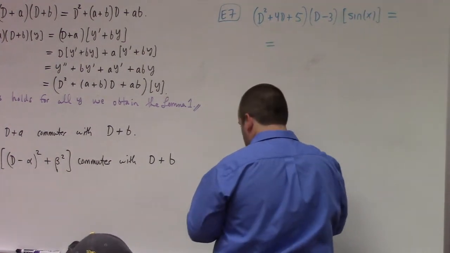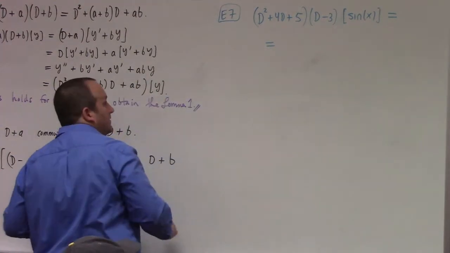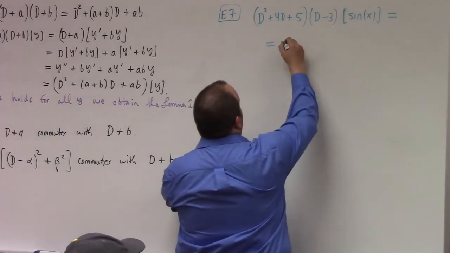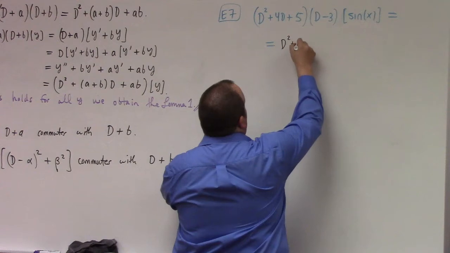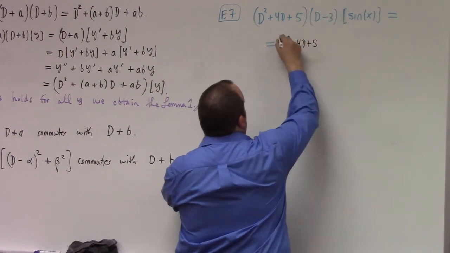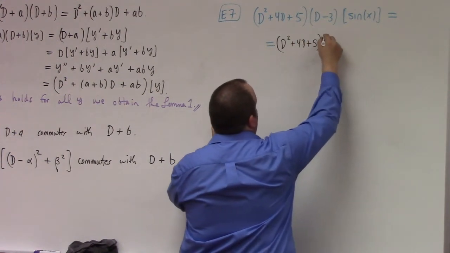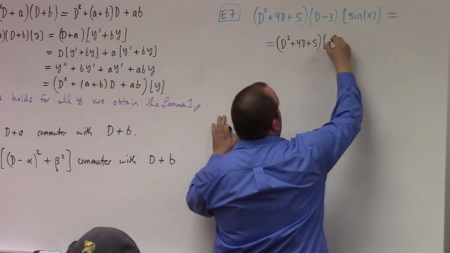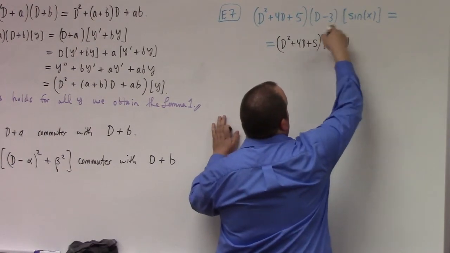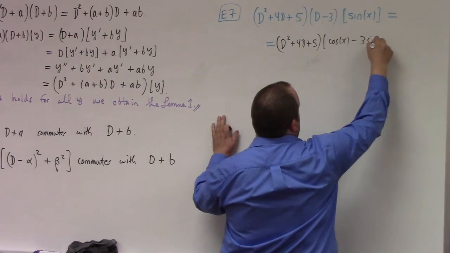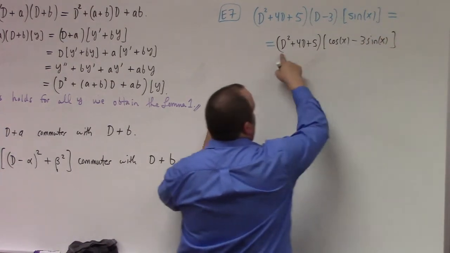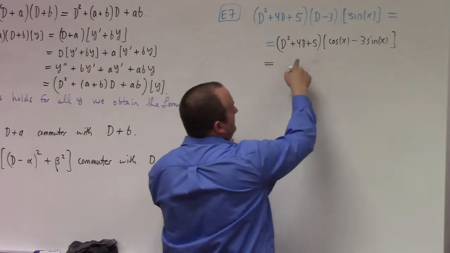All right. So what's that going to give us? The derivative of sine is cosine, and then minus 3 sine of x. Then what do we get?